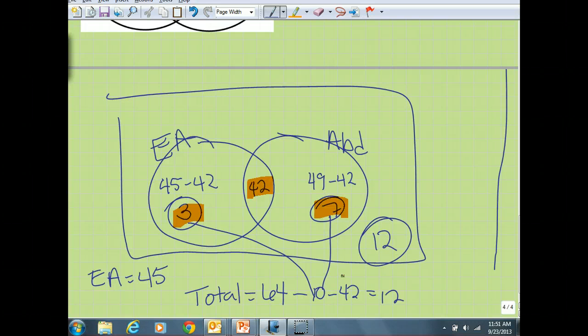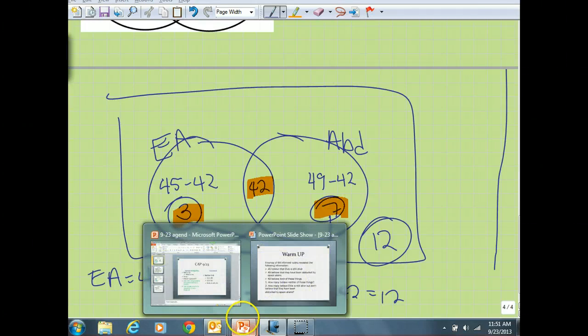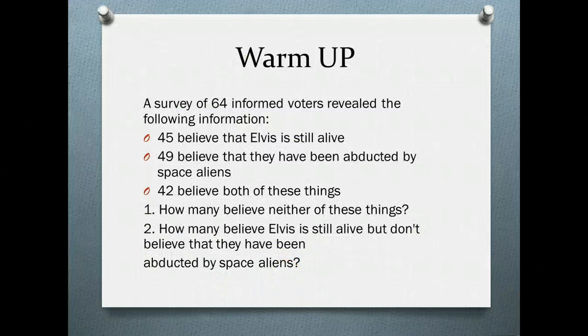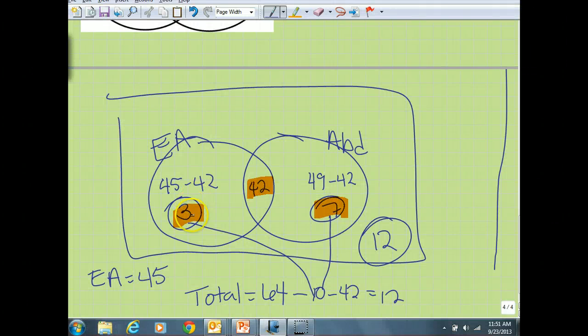Okay. So how many people believe Elvis is still alive but don't believe that they have been abducted by space aliens? So that would be 3. 3 is that number. Okay?